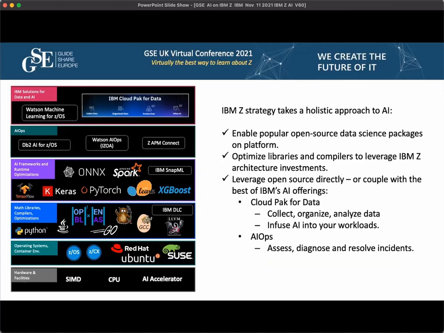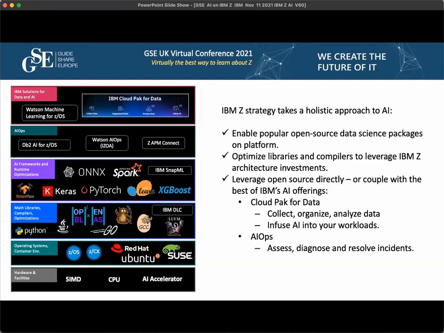And if you look even a little higher on the stack here, within our own offerings on the Z platform, you will see that we're leveraging AI to help our clients tune their systems better with Db2 AI for z/OS.